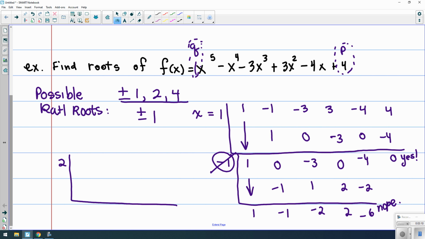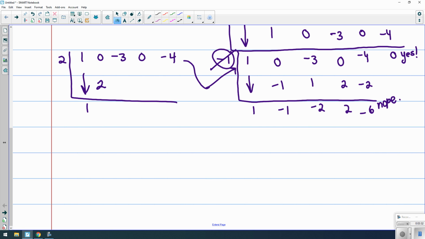Now I'm going back to my most recent success, which is going to be 1, 0, negative 3, 0, negative 4. So this line right here is going back to right here. Save yourself some time. Go back to the most recent depressed polynomial. Okay, so then I drop, and I multiply and add, multiply, add, multiply, add, multiply, add. 2 times 2 is 4.